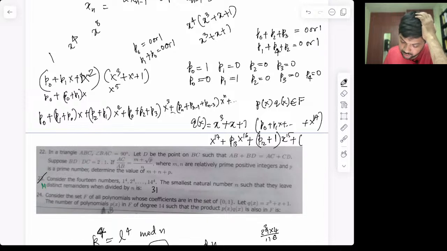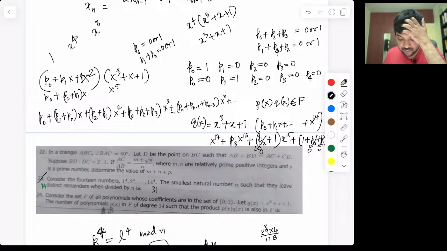So 1 plus P13 plus P11 x power 14. So now you start seeing that P12 is forced to be 0. Again, same sort of logic. This is 0, this is 0, this is 0. So P12, P11, P13, everything is becoming 0. P13 is also 0.